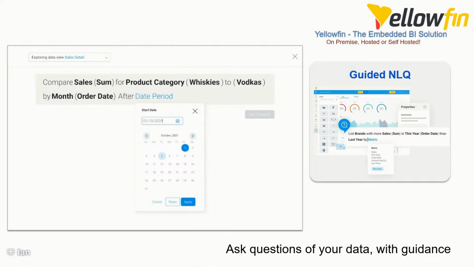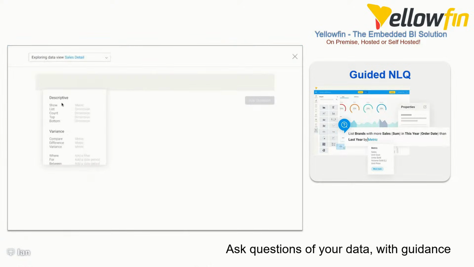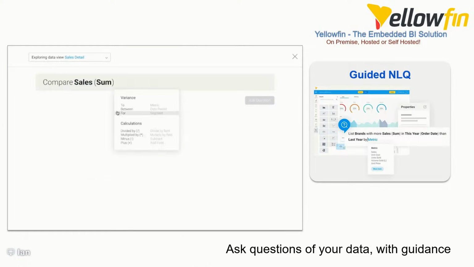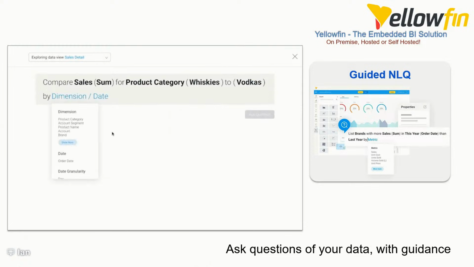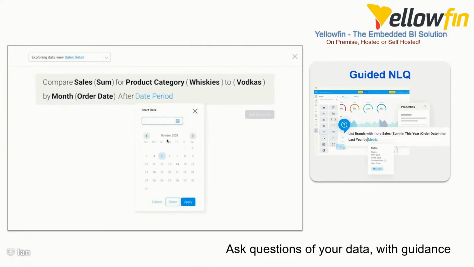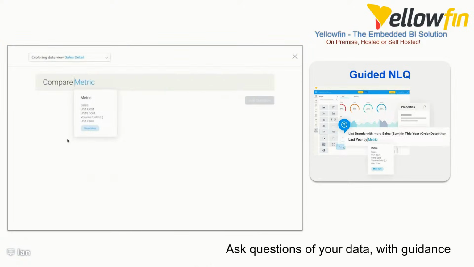So as you can see there, as the person types in, ask a question, it will say compare the sales for the segment for this particular product category, whiskies to vodkas, and do it by month after the 10th of January 2020, and it produces it instantly.